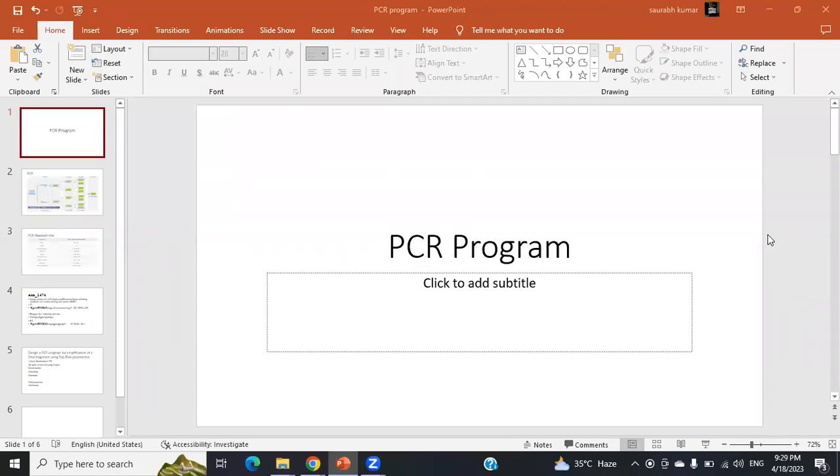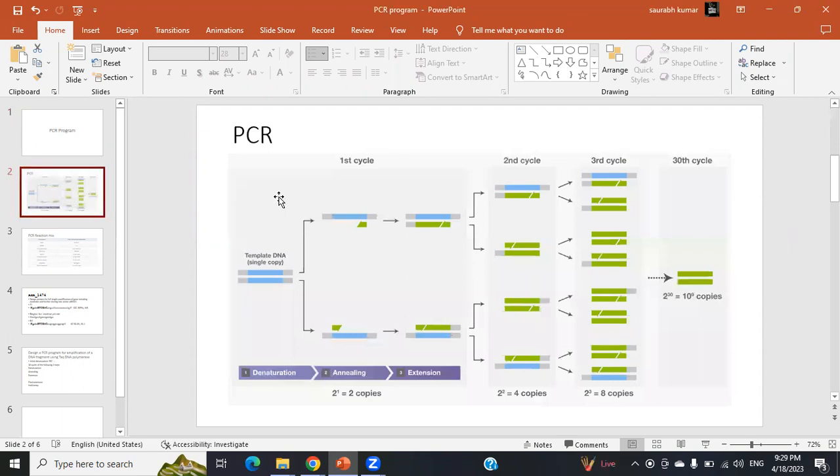Hello students. So in today's class, we are going to discuss how to design a PCR program. We already discussed the different stages or steps of PCR. So we have an initial denaturation stage followed by 30 cycles of the 3 steps of denaturation, annealing, followed by extension.